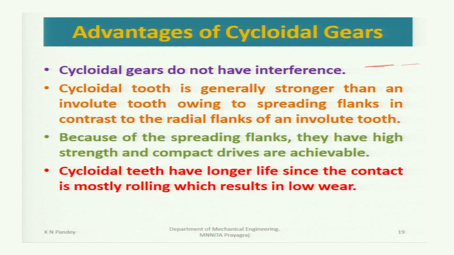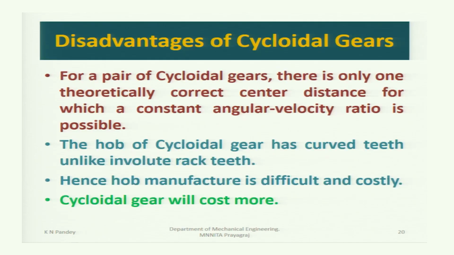Because of spreading flanks, they have high strength and compact drives are achievable. Cycloidal teeth have longer life since the contact is mostly rolling, which results in low wear. Whereas in the case of involute tooth profile, the contact between gear teeth has both sliding and rolling action.